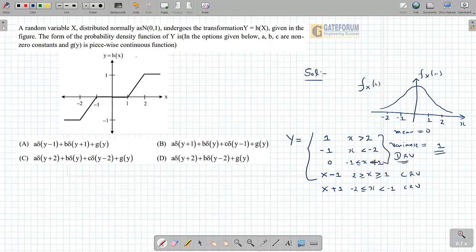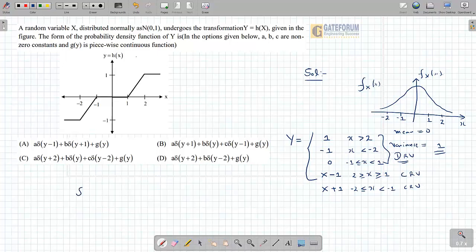You must know that the probability density functions of discrete random variables are represented using impulse functions. The impulses occur where the discrete random variable takes its values. So one impulse occurs at 0, one at 1, and another at minus 1.